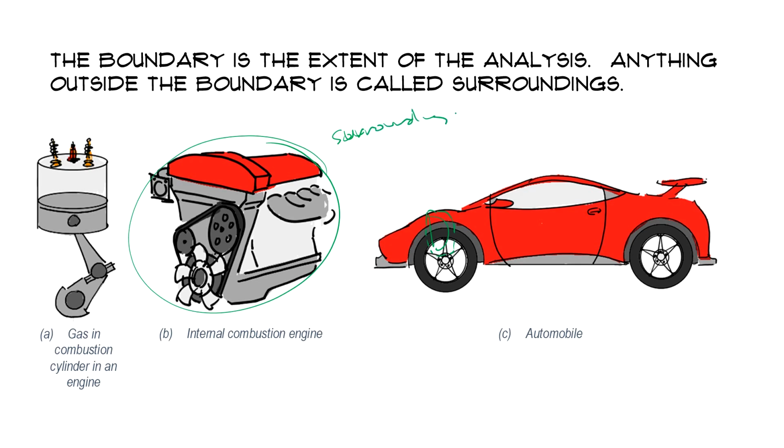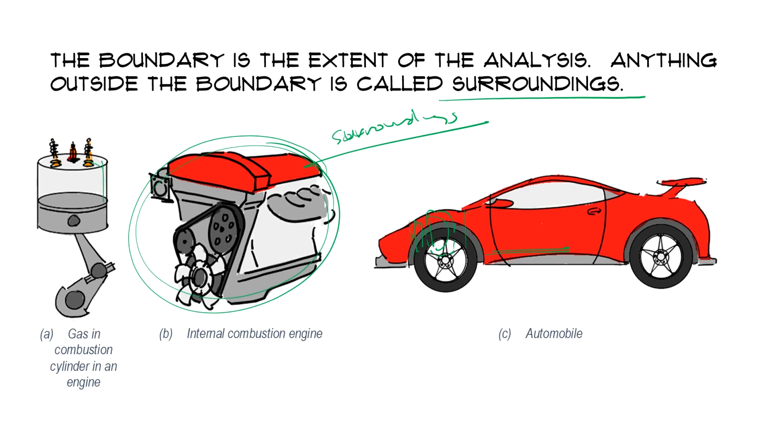So we call it surroundings, that which is external to the system concerned for a particular analysis. That means the other parts here, other components like the radiators, the fans, the tanks here, or the transmission maybe here. They are going to be external, or surroundings, with respect to this internal combustion engine.